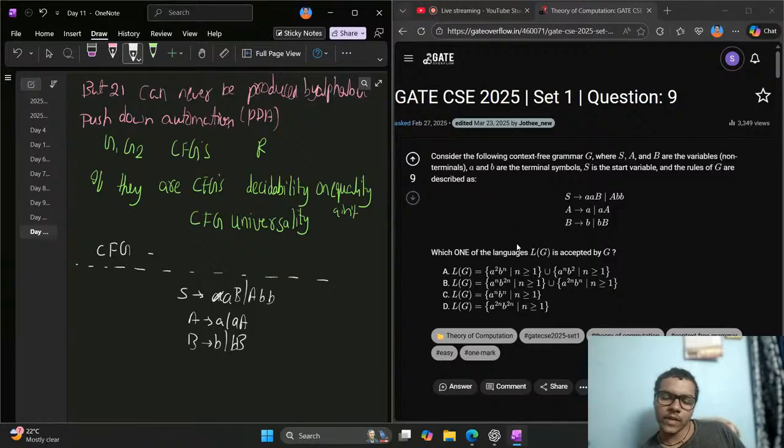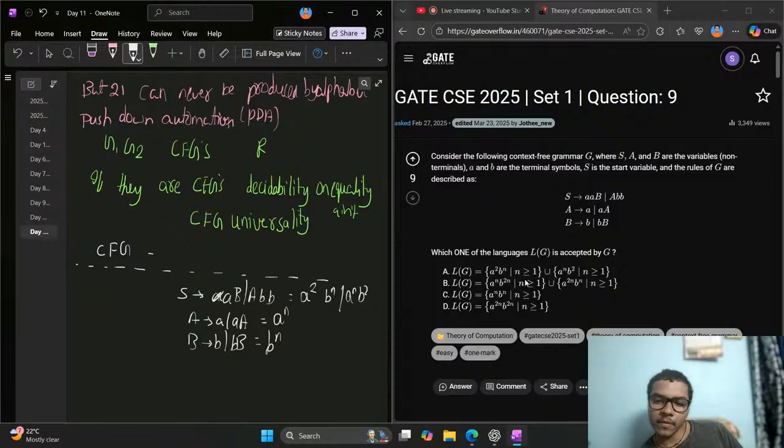Which one of the following languages is accepted by the grammar? So a squared b power n. This is basically b power n, and this is basically a power n, and that is basically a squared b power n or a power n b squared.